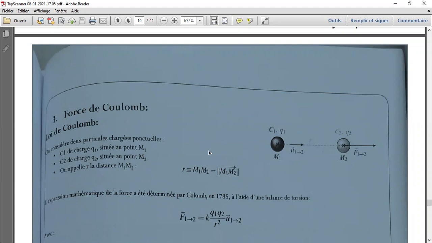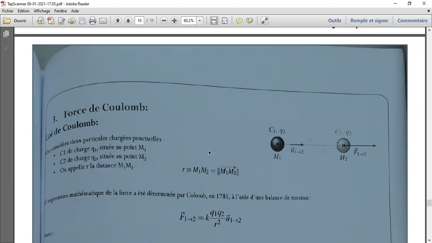The Coulomb force is the force which deals with the positive and negative charges, and the coulomb is the unit for charge. Here we're going to look at the forces which are caused by one charge.